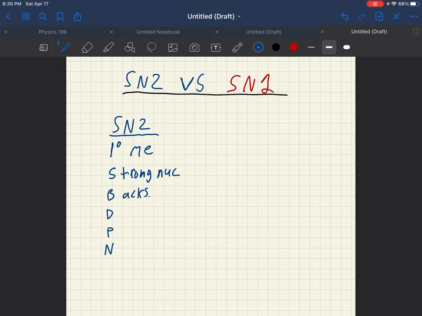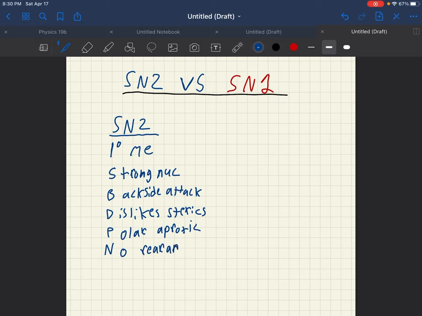It does backside attacks, dislikes sterics, likes polar aprotic solvents, and it has no rearrangements because it is a concerted reaction. And its energy diagram looks like this.